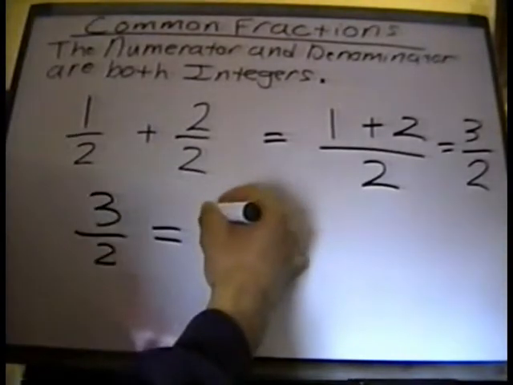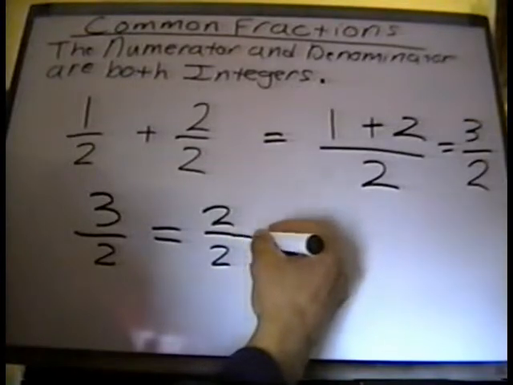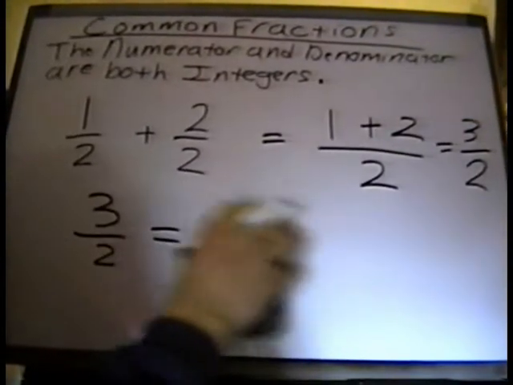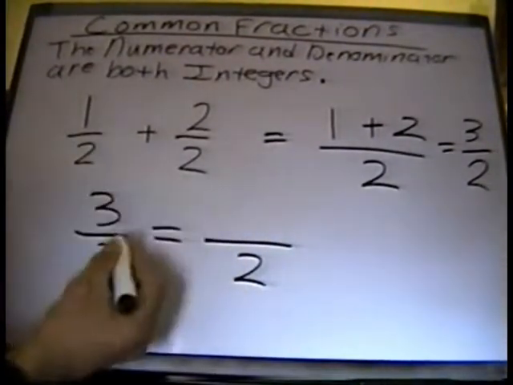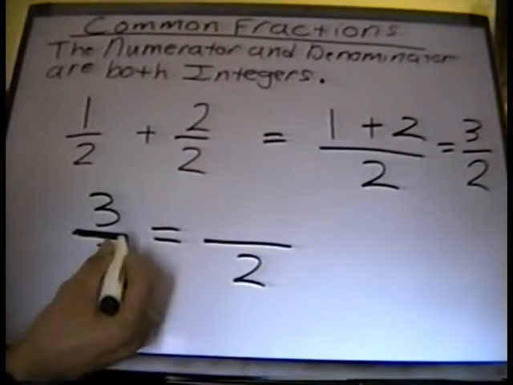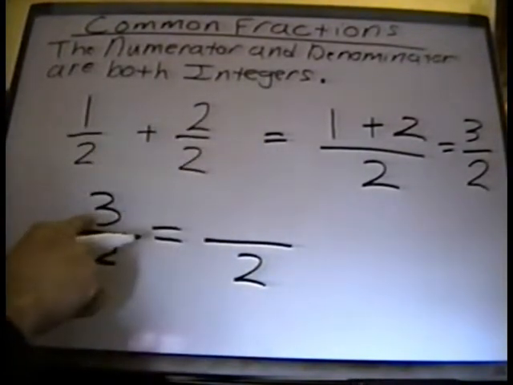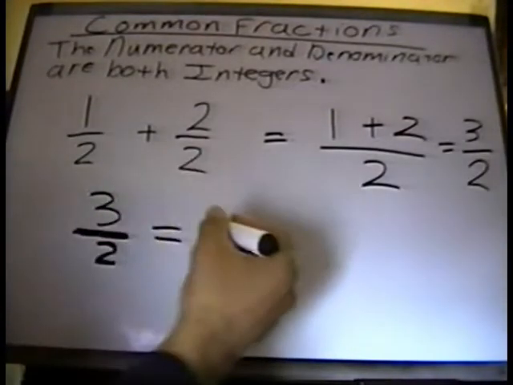We say that's equal to 2 over 2, or we say 2, using our methodology that here 2 is the denominator. What we're going to do is separate it into its sums, into parts that can be added to make 3.